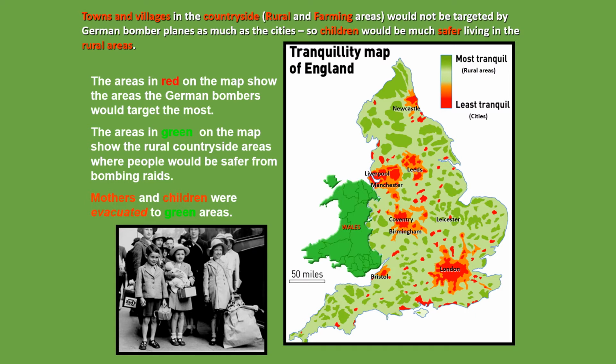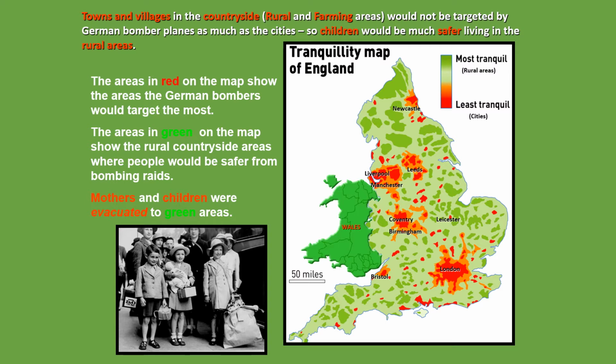Now if you look closely at the map, the areas in red are the areas which the bombers would target the most, and you can see a lot of these are city areas: London, Coventry, Manchester, Liverpool, Leeds, which would have been really densely populated.